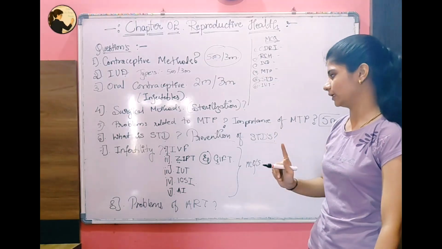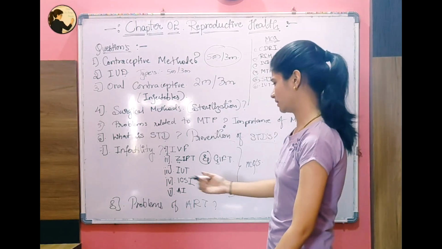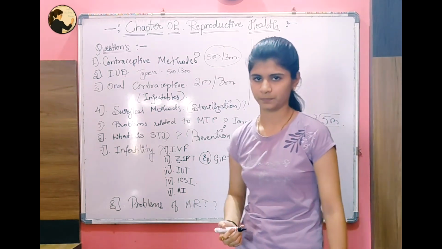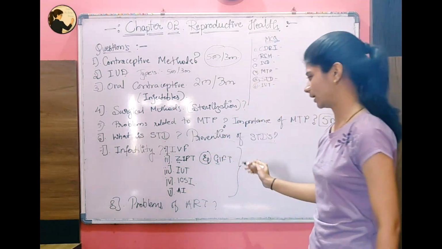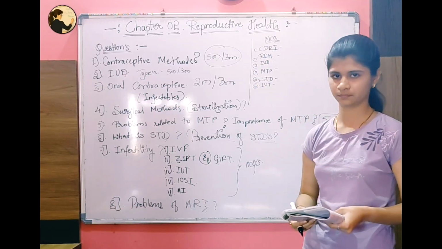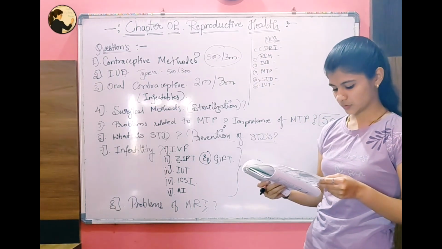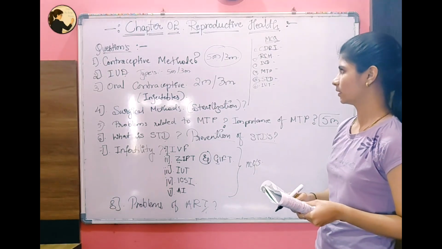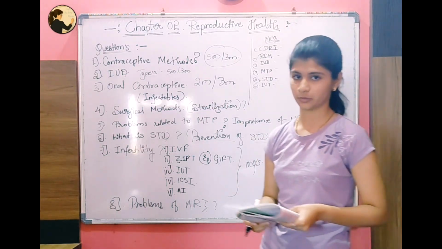If you get it for 2 marks, you might get what is ICSI, what is ZIFT or GIFT. If it is for 5 marks, you have to write the whole thing. The last question is also very important, that is problems of ART. So these were really very important questions of chapter 2, that is reproductive health.